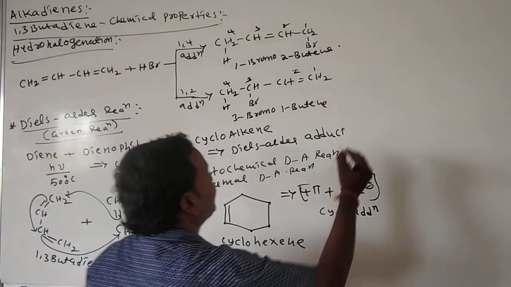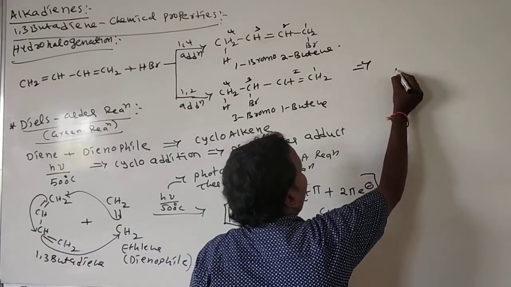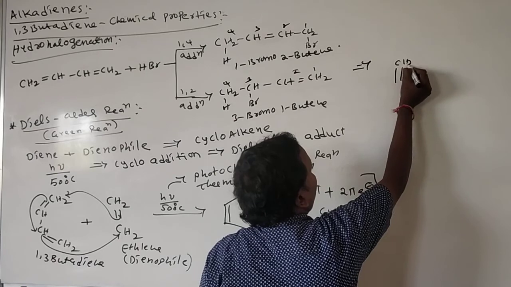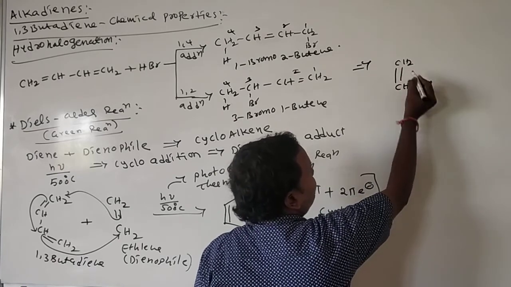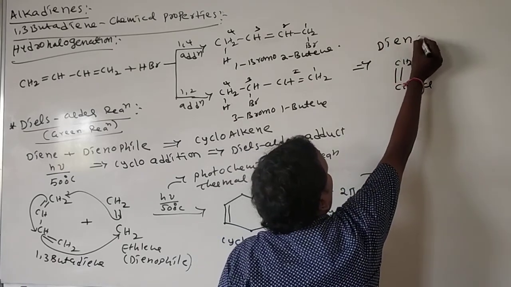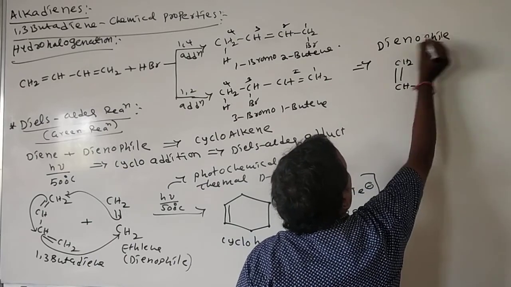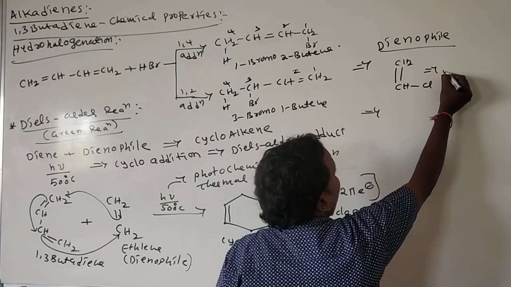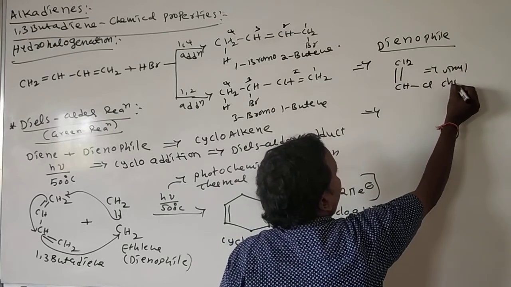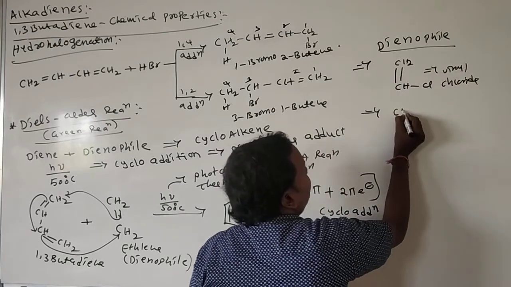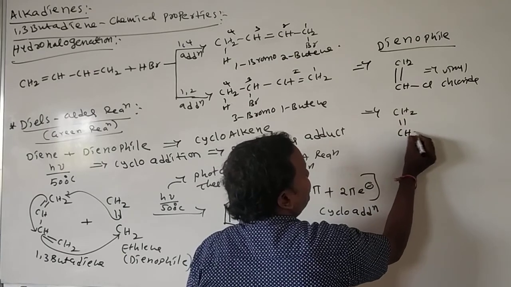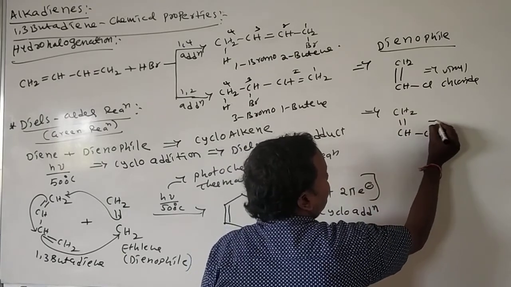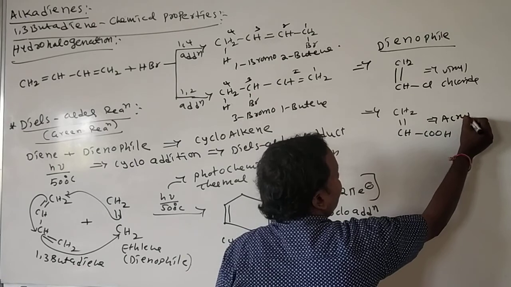Some more examples are there by replacing this one. Suppose I am giving dienophiles. You only replace them: CH2 double bond CHCl, this we call vinyl chloride. CH2 double bond CHCOOH, this we call acrylic acid.